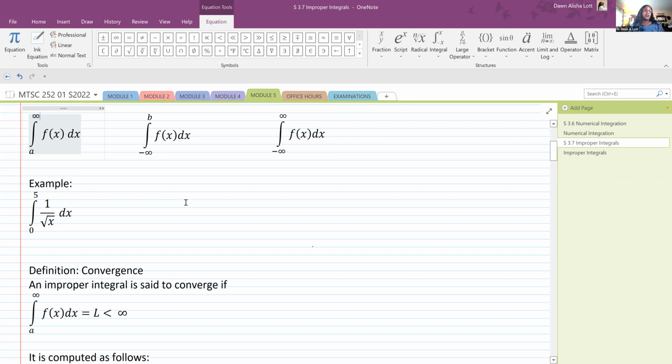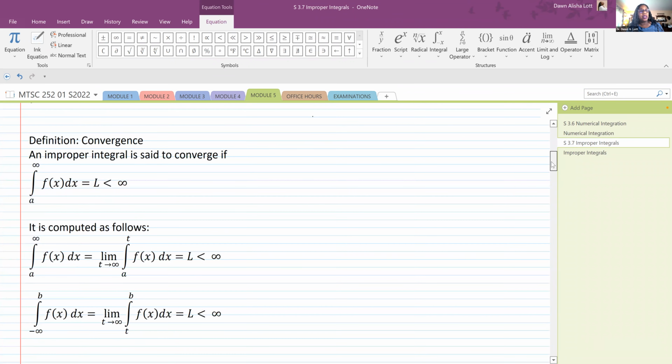Okay. All right, so this integral is improper because notice that I have 1 over the square root of x, but this has 0 as the limit. And so 1 over the square root of x is not even defined at 0. So how do you do this integral? We're going to do one or two of those.